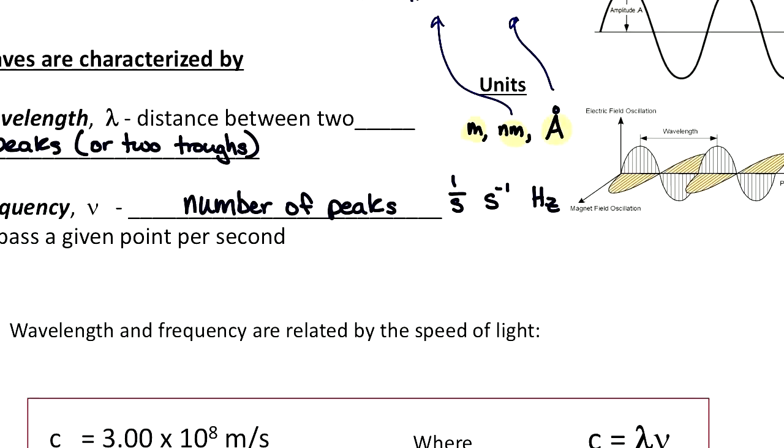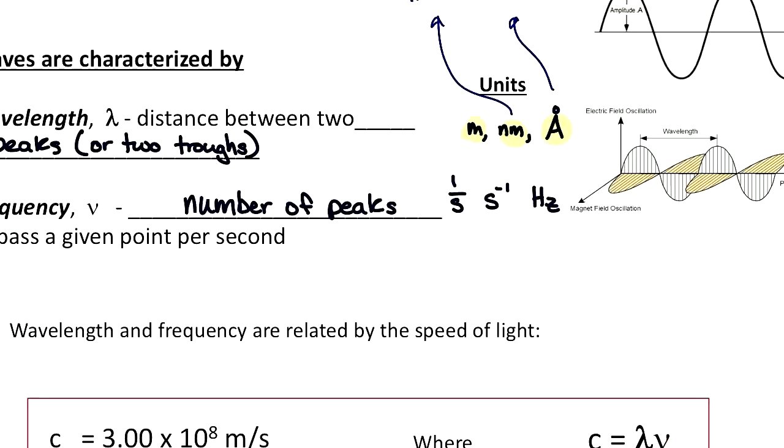We see that wavelength and frequency are inversely proportional. They're related by the speed of light. The speed of light in a vacuum is a constant, 3 times 10 to the 8 meters per second. So the speed of light is equal to the wavelength of a specific wave times its frequency.